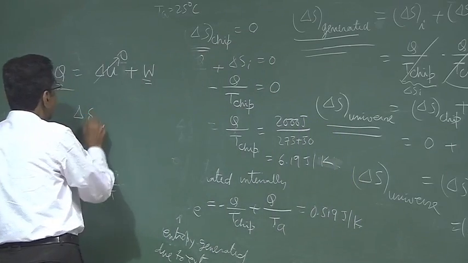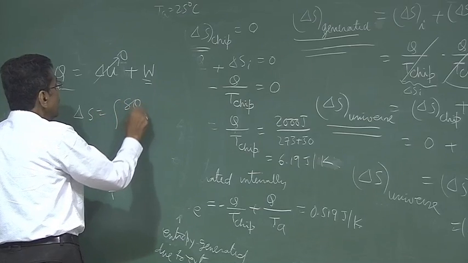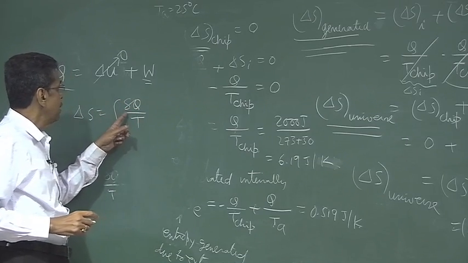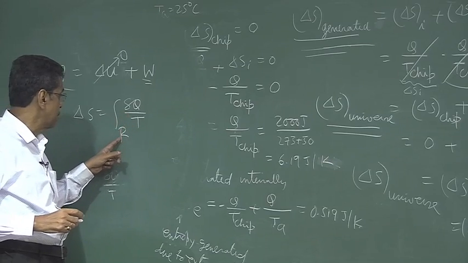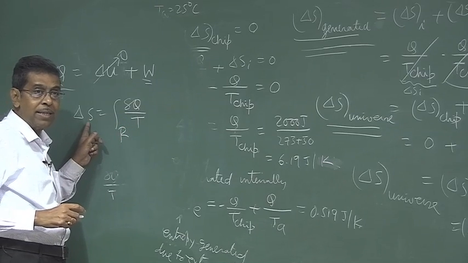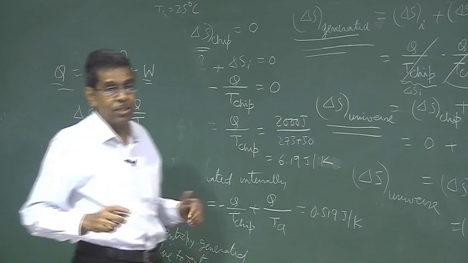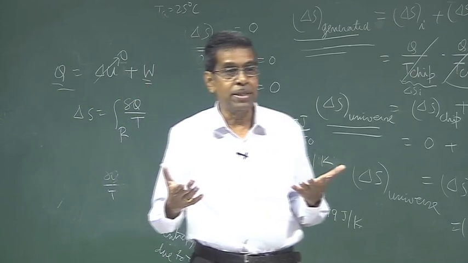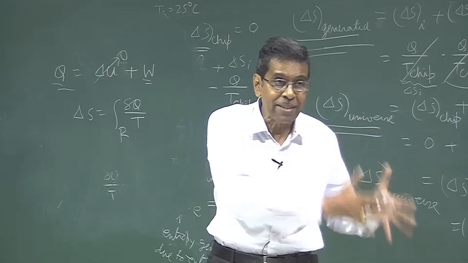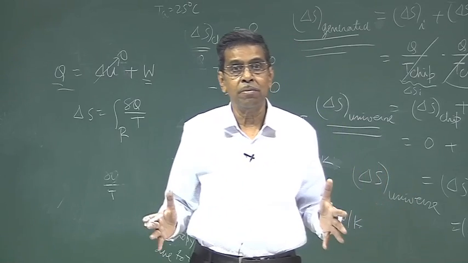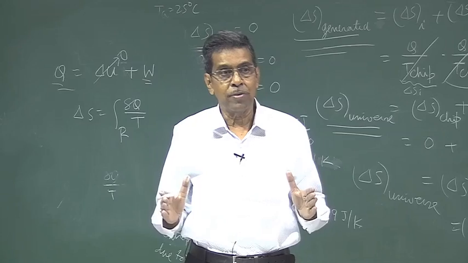And delta Q by T in an irreversible process is less than delta Q by T in a reversible process, and therefore it is less than delta S, the entropy change. In the problem we just solved, that is why the entropy change of a system is expressed as delta Q by T plus some positive quantity, which is the entropy change due to internal irreversibility. Okay, this is the concept.